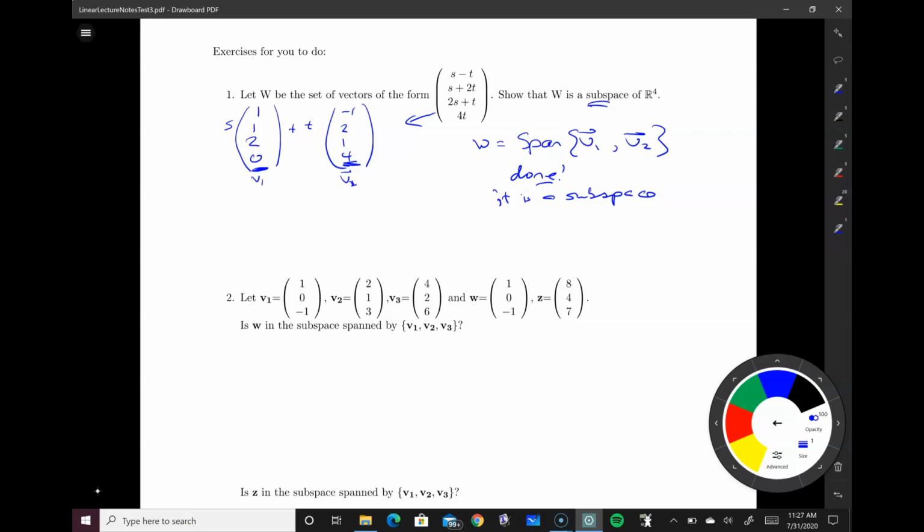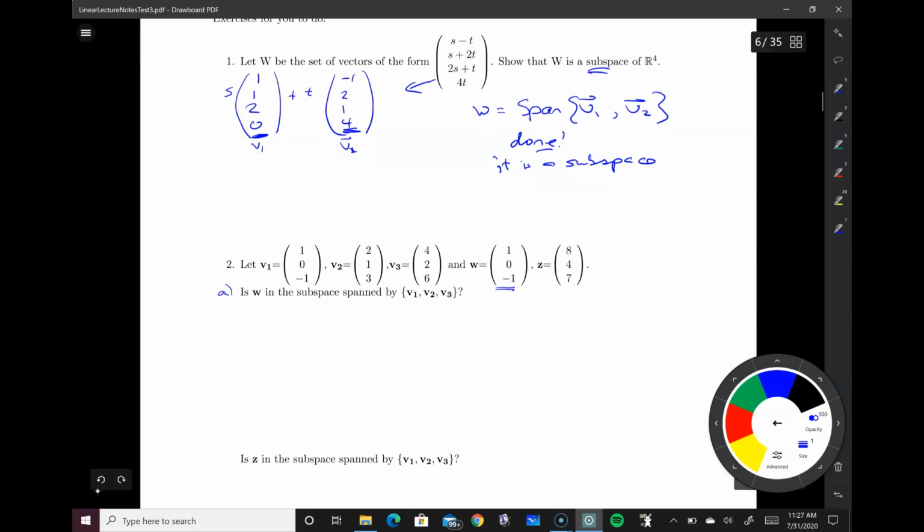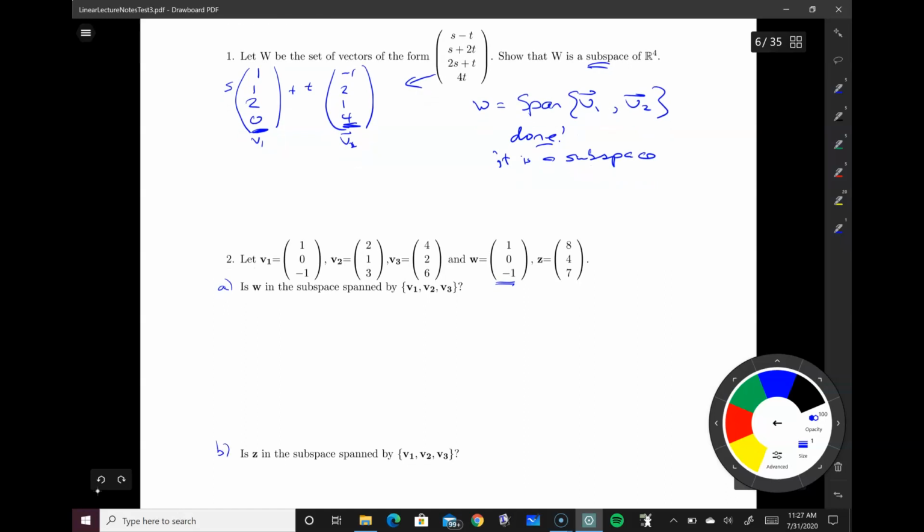All right, let's look at these. I've got V1, V2, V3, and part A and part B; sorry I didn't label them well. Part A is asking, is W in the span of these three vectors?